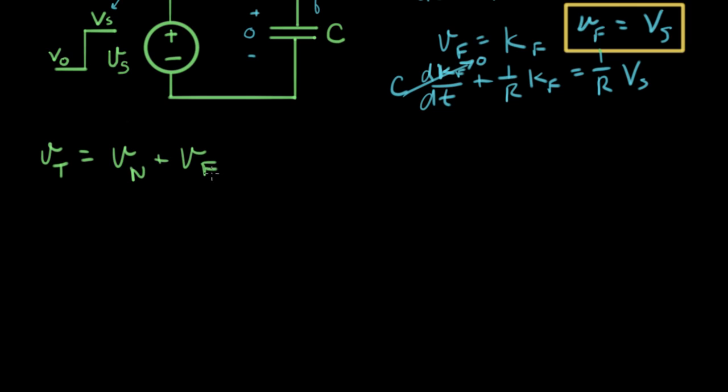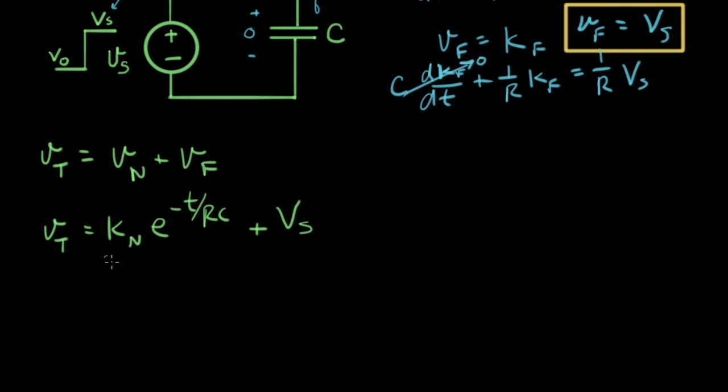So now we're using our principle of superposition. Okay, Vt equals K, some constant, times e to the minus t over RC. And let's add the forced response, and the forced response is right here. It's Vs.